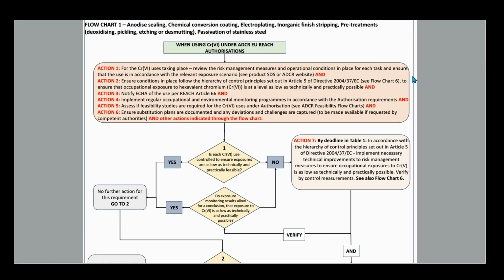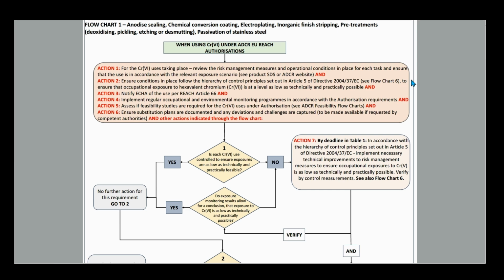As you are aware, under an authorization in the European Union, you as a downstream user ensure that occupational exposure to hexavalent chromium is at a level as low as technically and practically possible by implementing conditions that follow the hierarchy of control principles set out in Article 5 of Directive 2004/37 of the European Commission, the so-called Carcinogens, Mutagens, or Reprotoxic Substances Directive, CMRD.